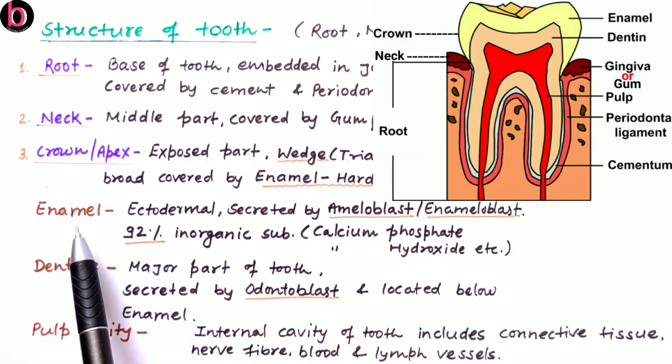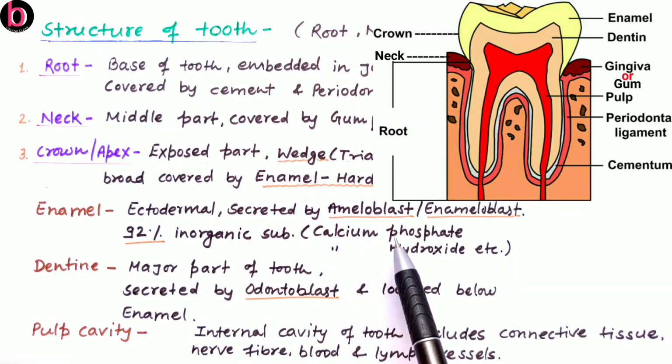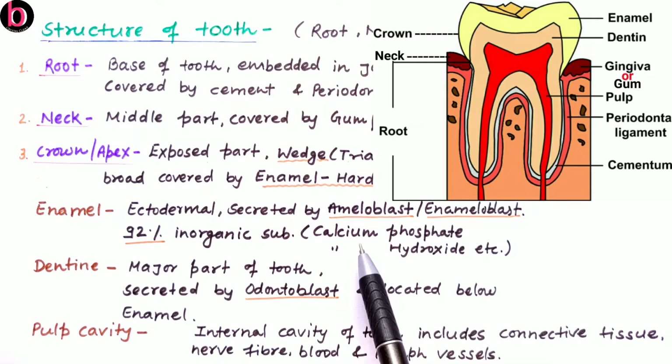As we discussed, enamel is the hardest substance, composed of 92% inorganic substances. The major inorganic components are calcium phosphate as well as calcium hydroxide.